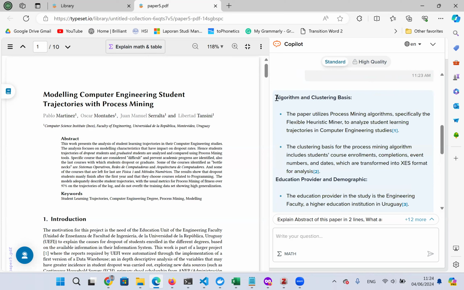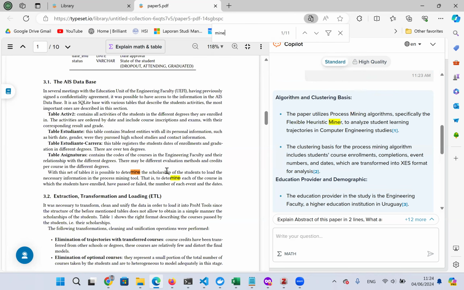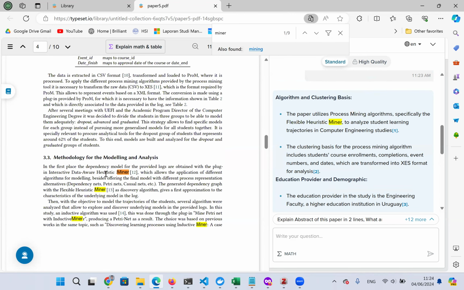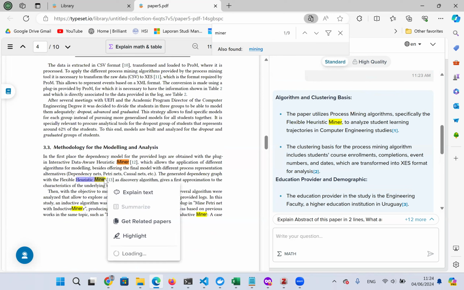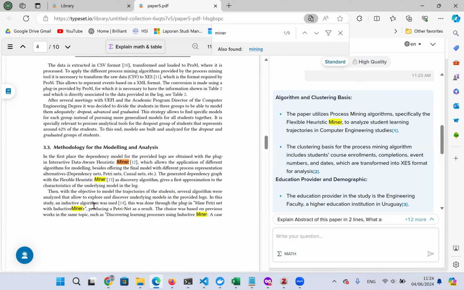For the algorithm, as you can see, it says it uses the flexible heuristic miner. Let's check whether that is true. Yes, as you can see here, it uses the heuristic miner, but it turns out it also uses the inductive miner.